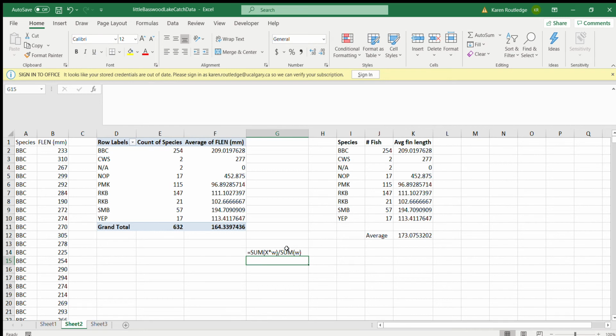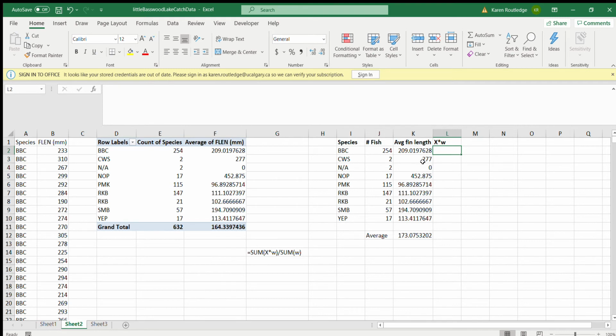This is a bit longhand, but perhaps the best way to demonstrate it. Let's work this out piece by piece. Let's create a new column here that is x times w. So x times w is the data that we care about that is adjusted for its relative importance. In this data set, we have an average, and we have a number of fish.